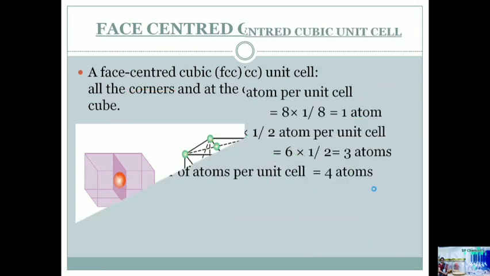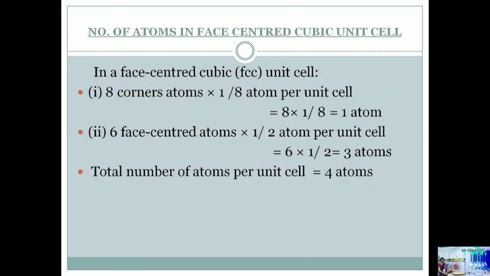Now we will calculate the number of atoms in a face centered cubic unit cell. Here you can see 8 corner atoms, and the contribution of each atom per unit cell is 1 by 8. So total 8 into 1 by 8 is equal to 1 atom from corner atoms, right? Then in FCC there are 6 faces, so 6 face centered atoms and its contribution per unit cell is 1 by 2.